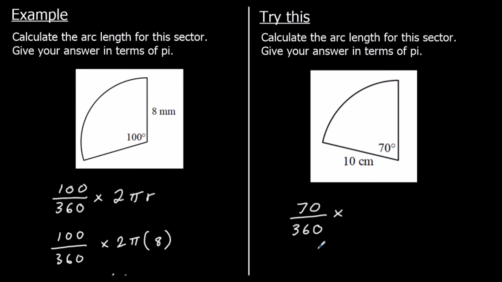So we want this fraction of the entire circumference. So either 2 times pi times r or pi times d. If the radius is 10, the diameter is 2 radiuses, which is 20. So 70 over 360 times pi times 20.